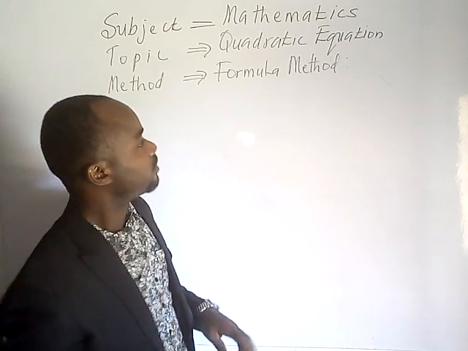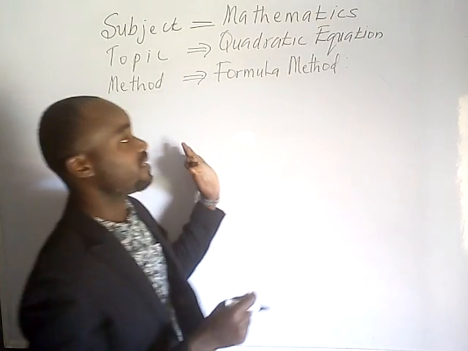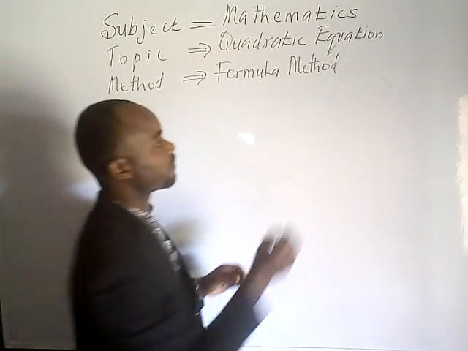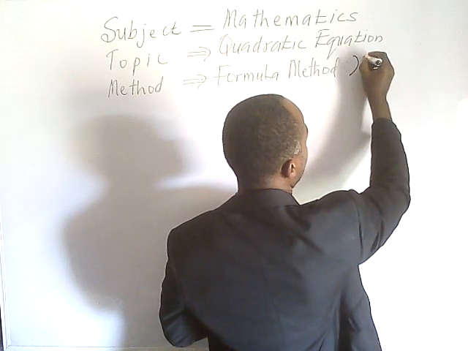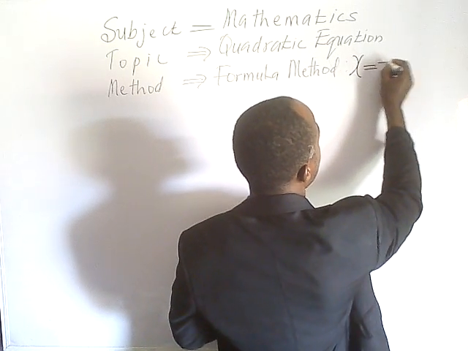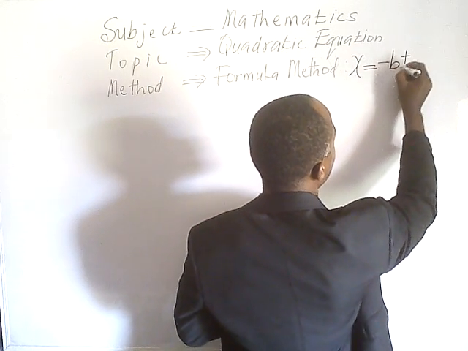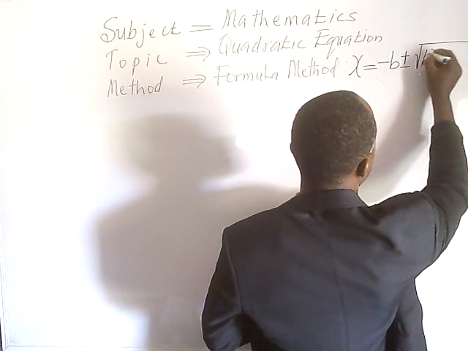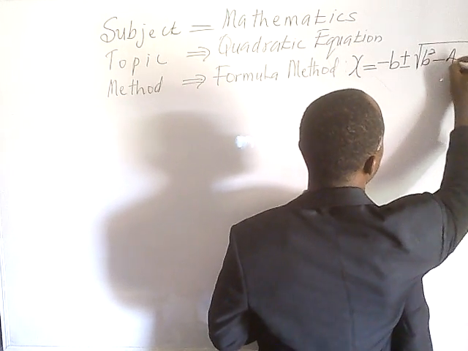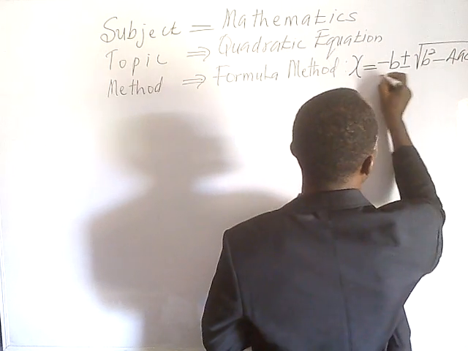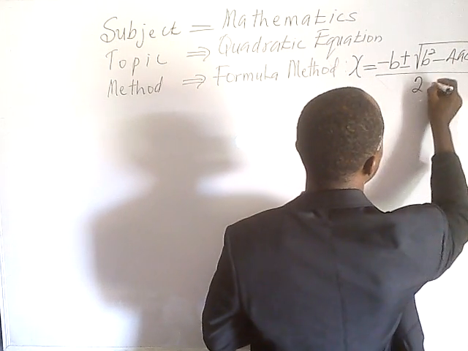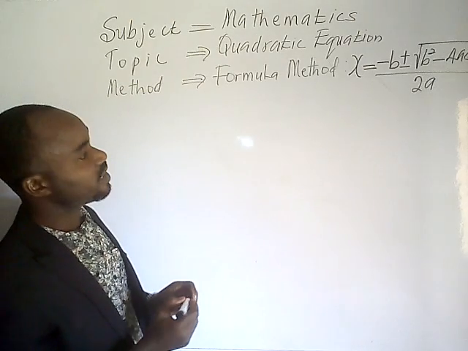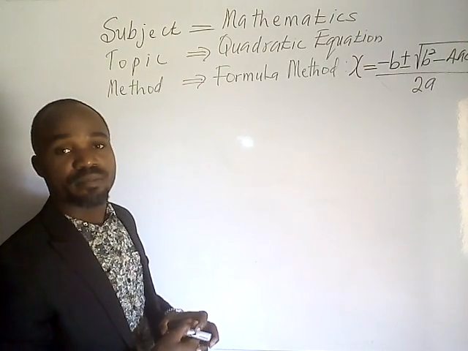The formula method is generally represented by this expression: x is equal to minus b plus or minus the square root of b squared minus 4ac, all over 2a. That is the general representation of the formula method.